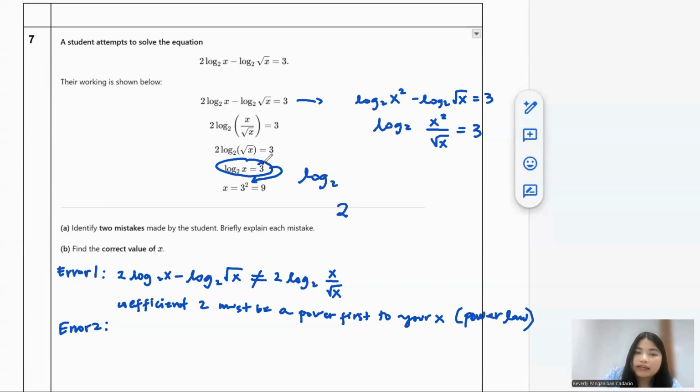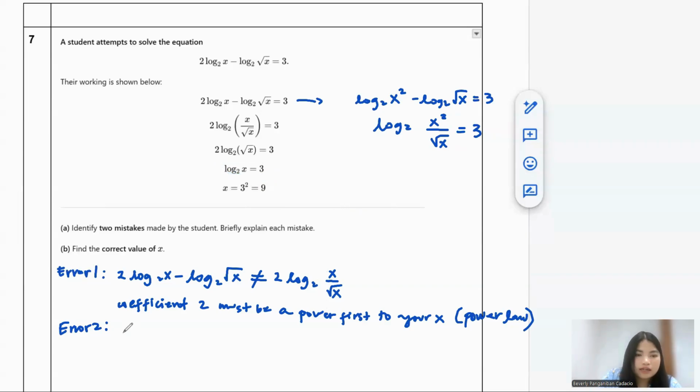And the exponent will be the one on the other side of the equal, and then it will be equal to x. So as you can see, what he or she did here is 3 squared. It must be 2 cube instead.